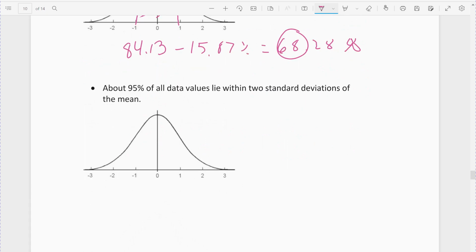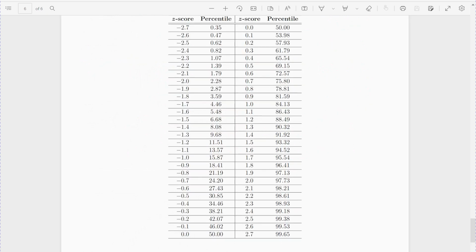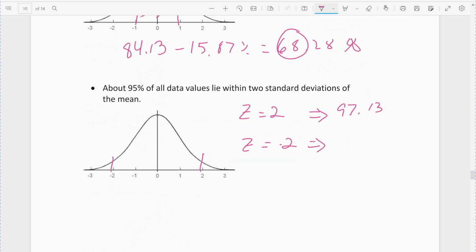Alright, the same thing happens with the 95. It's an estimate. We find the z-score at 2 and the z-score at negative 2. When I look at my table, the value at a positive 2 is 97.13, and at negative 2, I have it listed down here, it's 2.28.